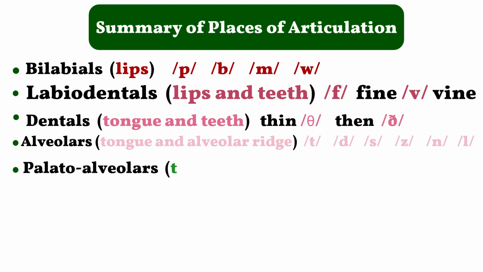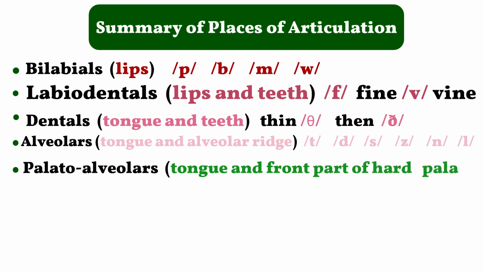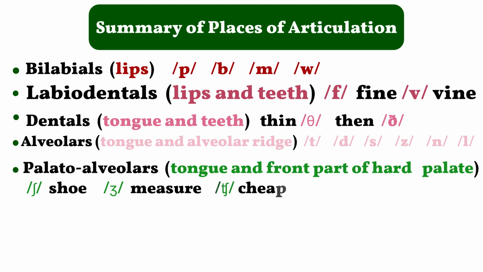Now here we think about the tongue and the front part of the hard palate, as in sh, shoe, zh, measure, and this one is in the middle of the word, ch, cheap, j, jeep, r, rack.